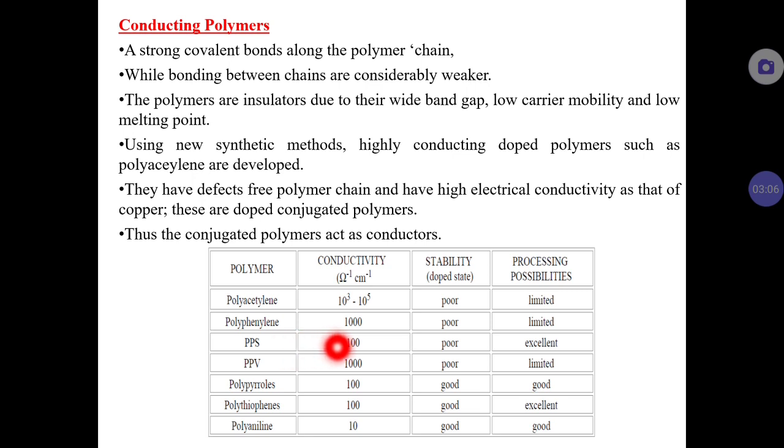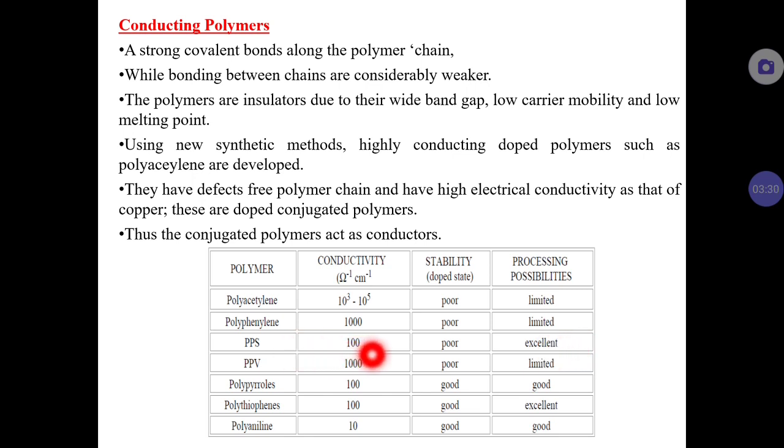PPS: its conductivity value is 100. The stability is very poor, but it has very good processing possibilities. And PPV possesses a value of 1000, with poor stability and limited processing.